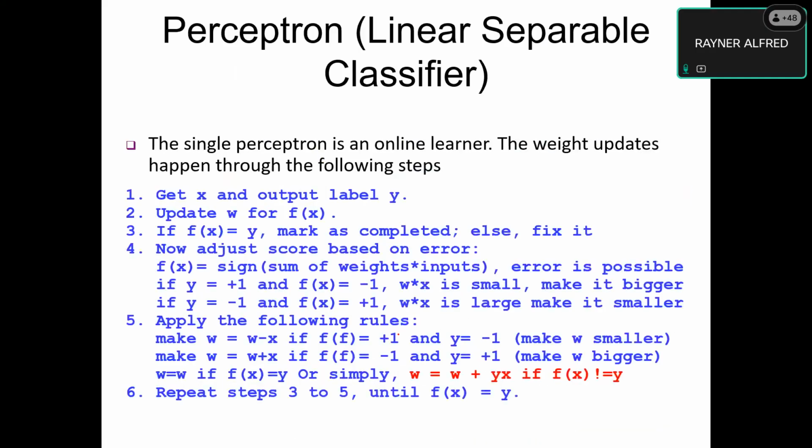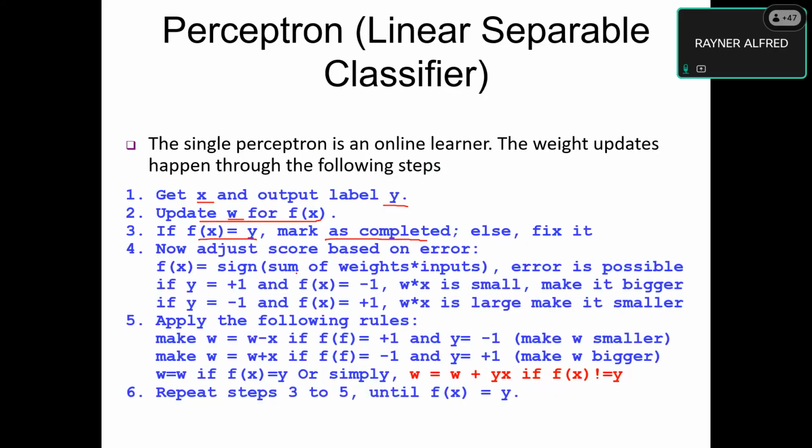Okay, so when we translate this into a program, this is your pseudocode. What happens here is that we get an x and y. So we will update the weight for this one. If they're the same, there are no changes. Else we need to fix them.